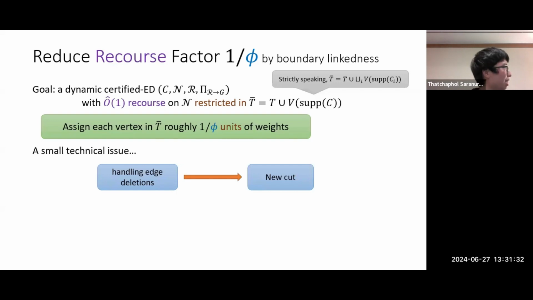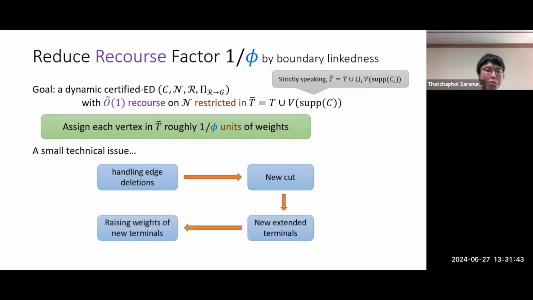But now, if you look at the definition of this extended terminal set, it actually includes the terminals of new cuts. So basically, this introduces new extended terminals. We need to raise the weights of these new terminals, and it again brings new cuts.